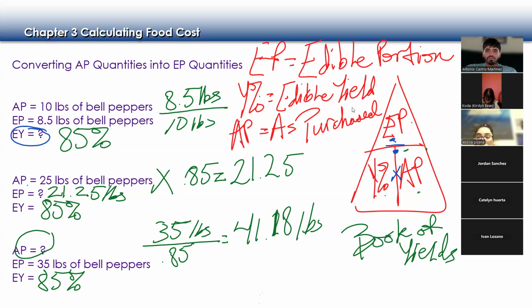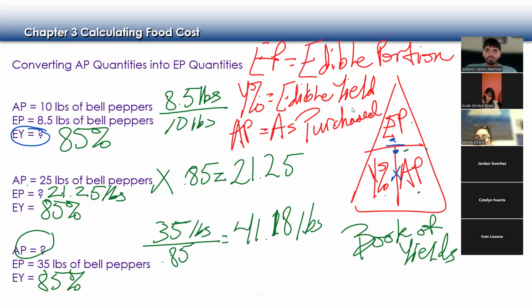Now, I'll tell you this, most recipes can build in this factor. So if you get a recipe that says you need to order 25 pounds, it's probably banking on the fact that you're going to be taking out some of it to prepare for that recipe of 32 servings, okay?